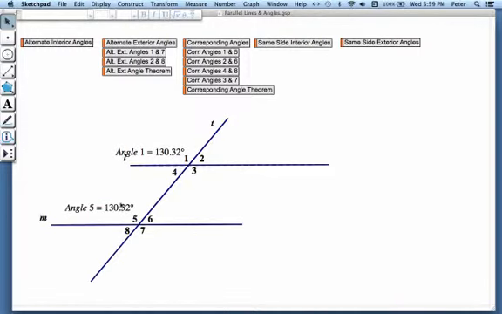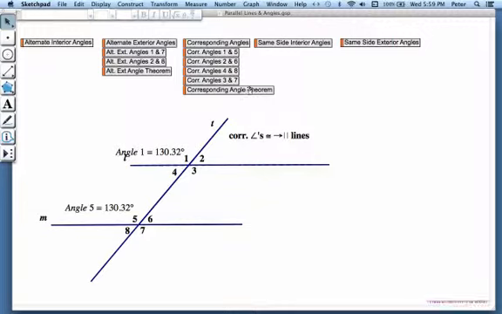Well, those are corresponding angles. So if corresponding angles are congruent, we know that the lines are parallel. So there's really more ways to prove lines parallel than just by knowing that alternate interior angles are congruent or alternate exterior angles. Corresponding angles can also be used.